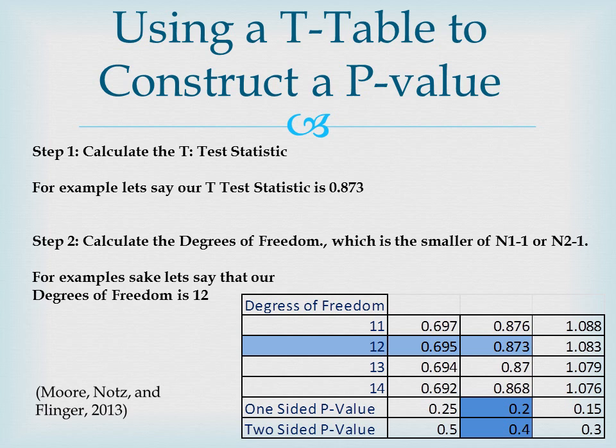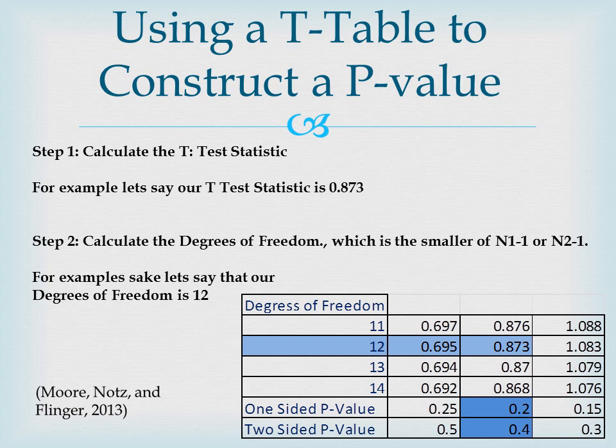The first thing you want to do is calculate the t-test statistic. Let's say, for example, our t-test statistic comes out to be 0.873. Next, we want to calculate the degrees of freedom, which is the smaller of n1 minus 1 or n2 minus 1. For example's sake, let's say that our degrees of freedom is 12.